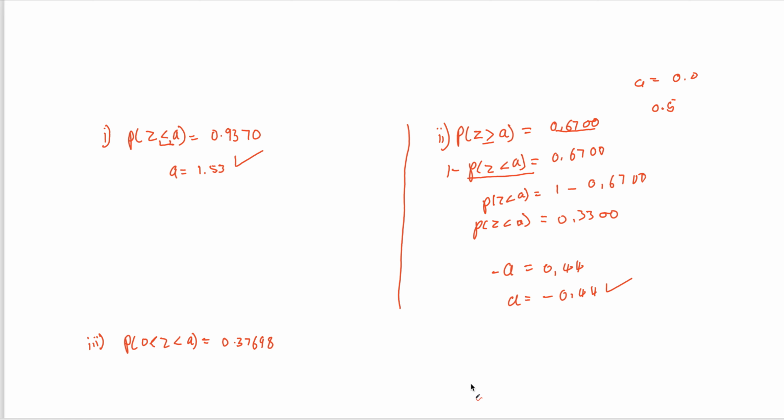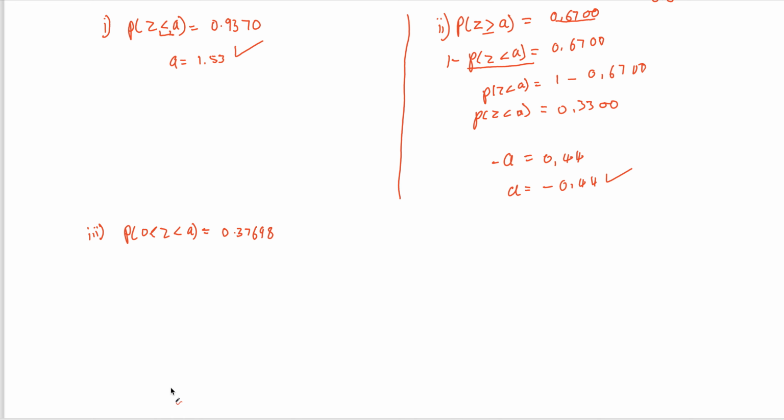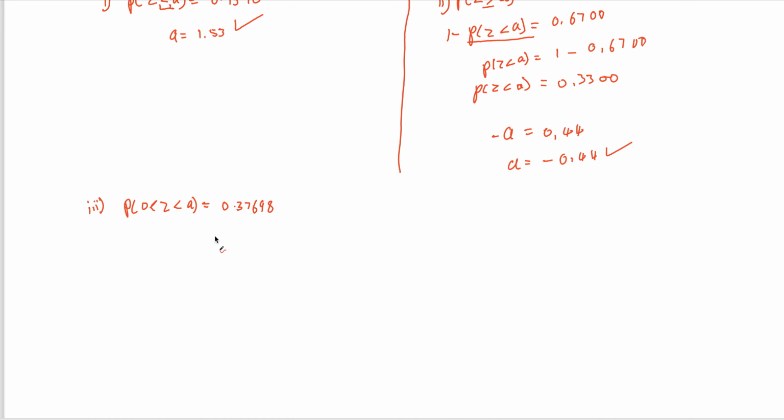Okay, so now we're done with this part. We got our value as 0.44, and now we just have to look for the next value, for number 3. So for number 3, we do the same thing we did, but this one will be a little bit different from what we were doing so far.